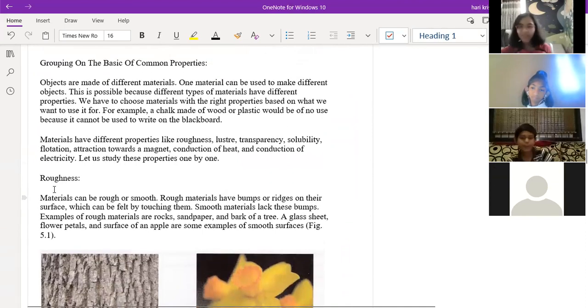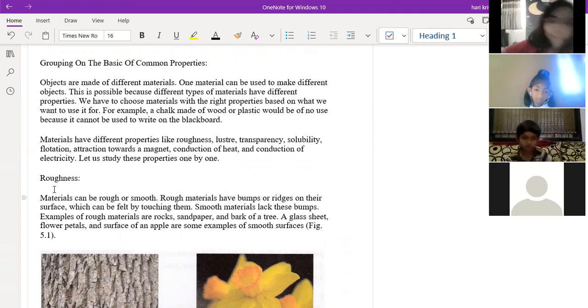Okay, next one is grouping on the basis of common properties. So this also we have done. The objects having common properties, we'll place in one group, and the objects having other properties, we'll place in other groups. Like soft on one side, hard on the other side.